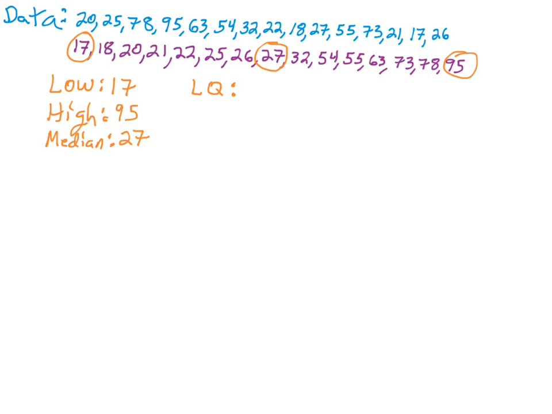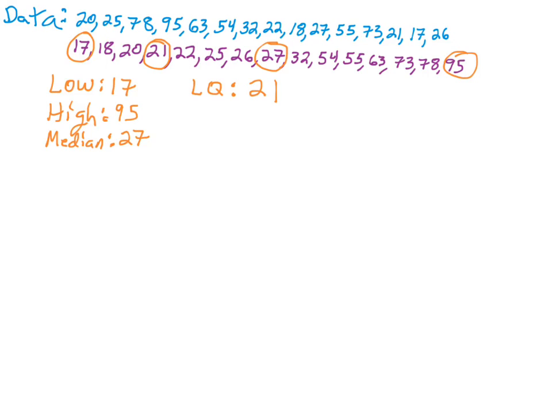And our lower quartile: if I include the 27, we end up with an even number of values in our lower half. So this time we're not going to include the 27. We're just going to take the numbers 17, 18, 20, 21, 22, 25, and 26, because that gives us a nice, easy-to-find lower quartile. So that's 21.